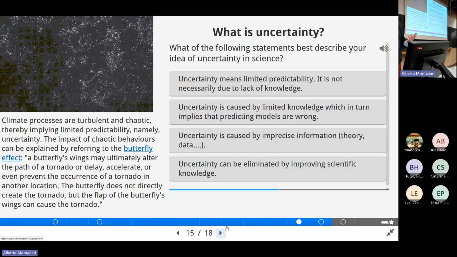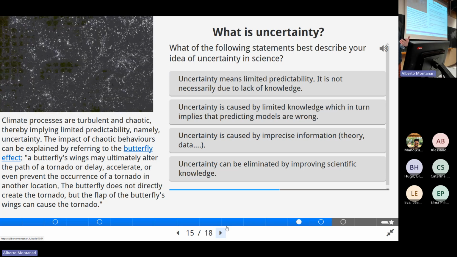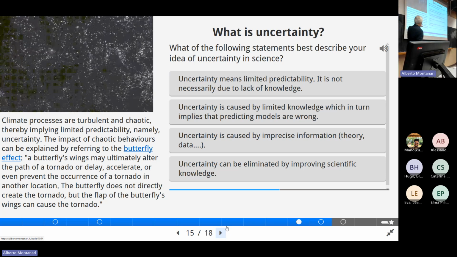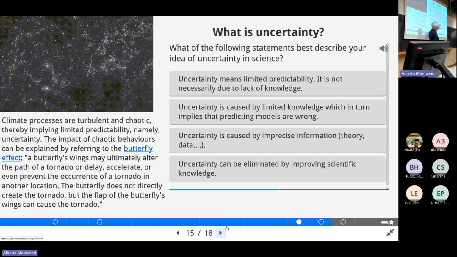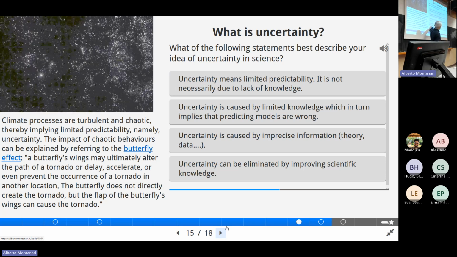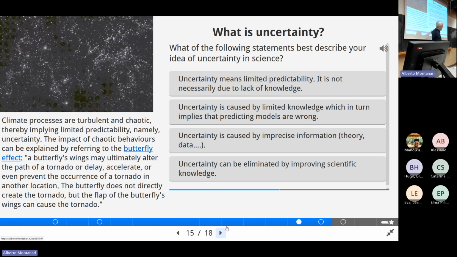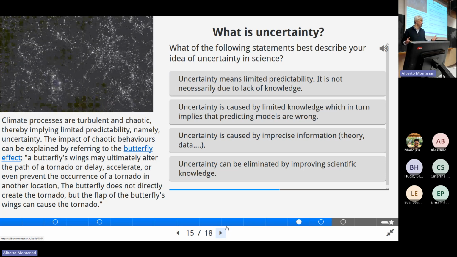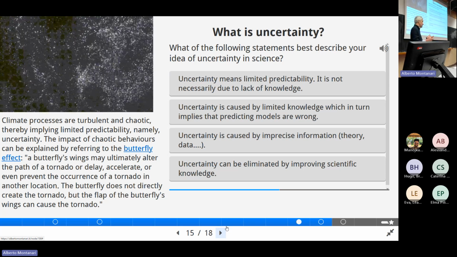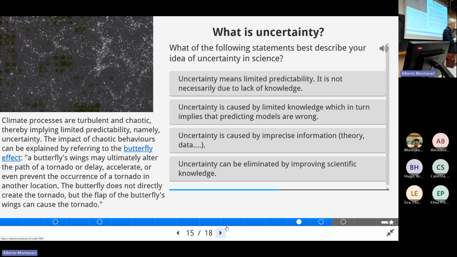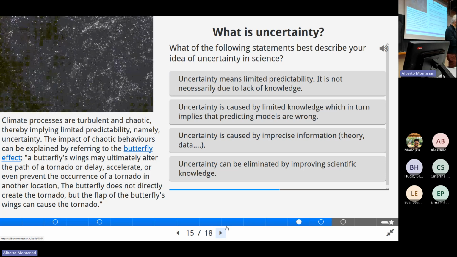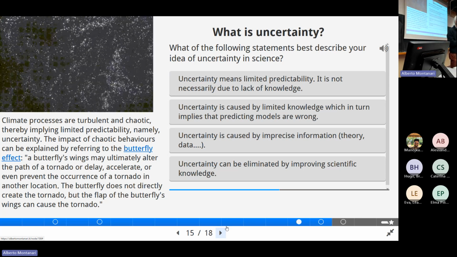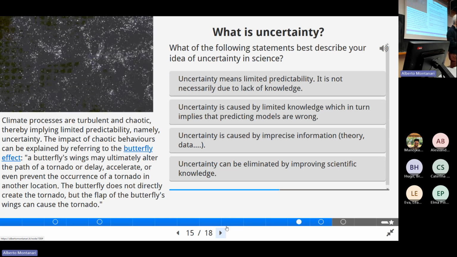This is not really something that we can exclude, but if I say is caused, it's not a correct answer, because it's not only caused by imprecise information. It can be caused by several factors, and uncertainty may be caused by imprecise model, imprecise theory, imprecise data, because models, in many cases, we need to tune them with data.